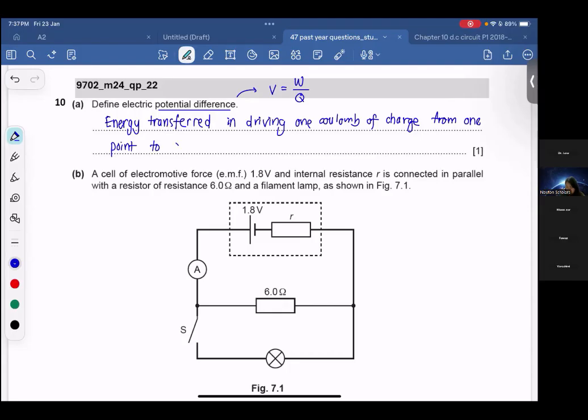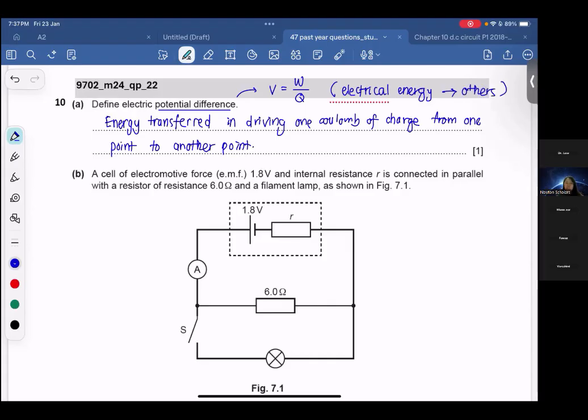Sometimes they will ask you to define the potential difference in terms of energy. How does the energy transfer in potential difference? It is transferred from electrical energy to other forms of energy.